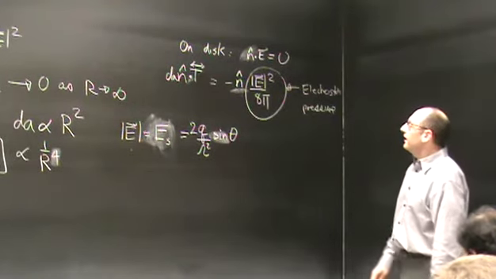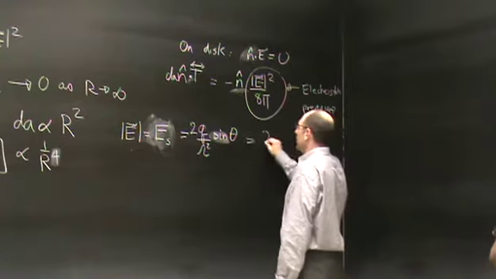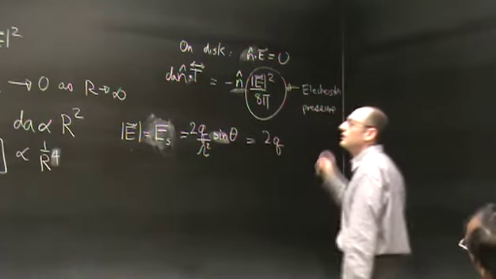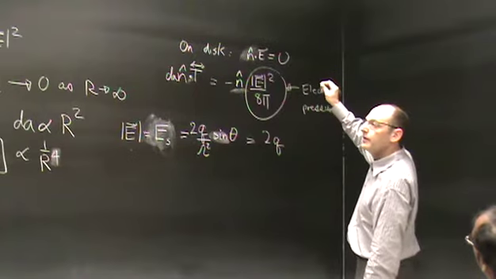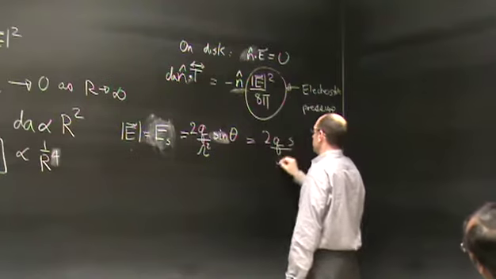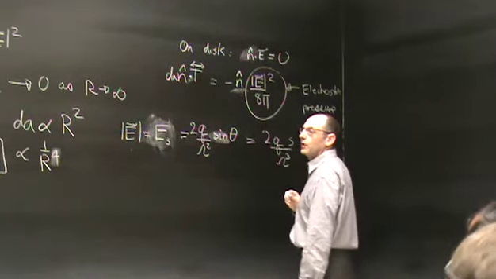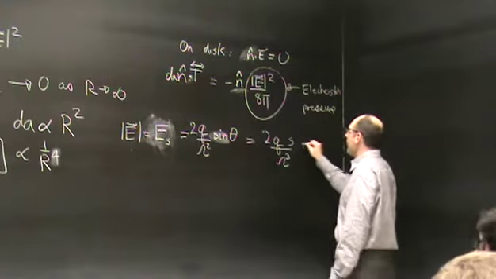So what is sine theta? So we have 2q, and s over R. And what is R?